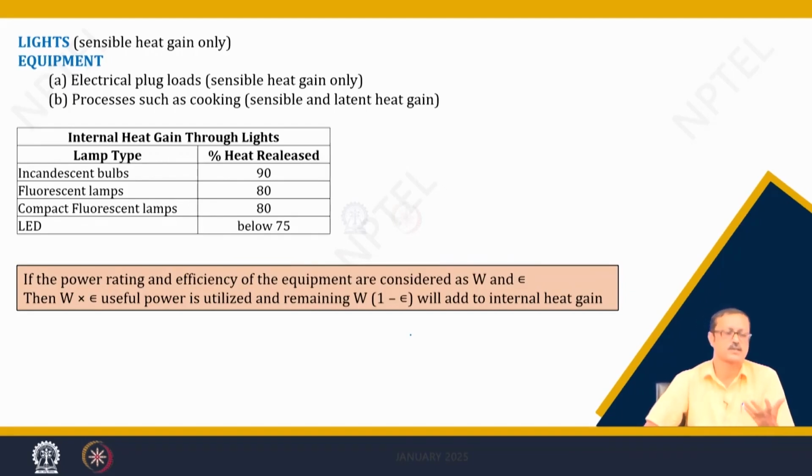Suppose some computer has 100 watt, some machine may have 200 watt, 500 watt, whatever. So, we can estimate that if the efficiency is epsilon, then 1 minus epsilon part of the wattage will be converted to heat. Epsilon times W will be the power consumption to run the machine, and the excess we will assume to be heat.